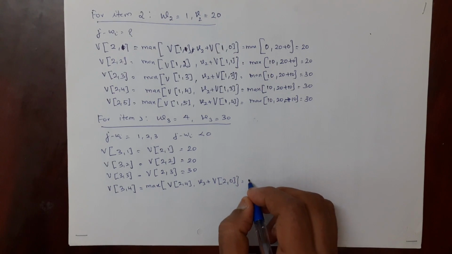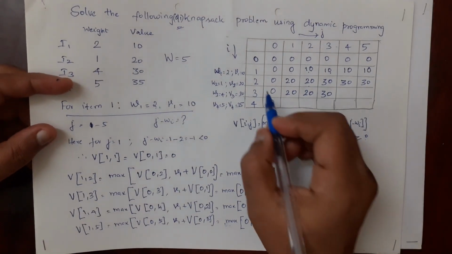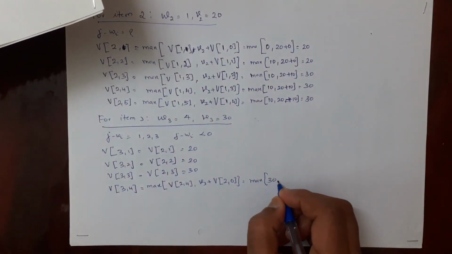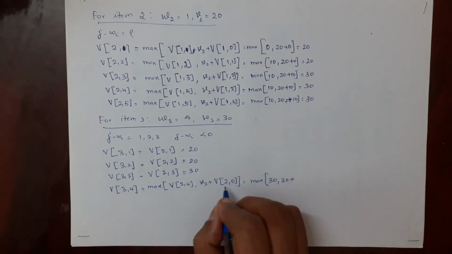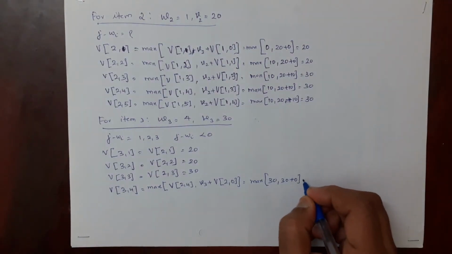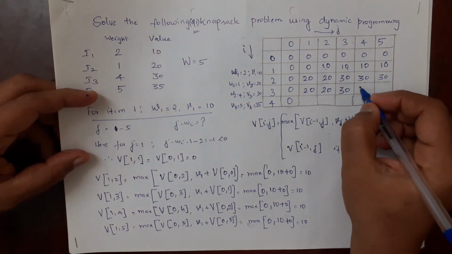That is the maximum of v of 2 comma 4, which is 30, or the value of this item 30 plus v of 2 comma 0, which is 0. So 30 comma 30, which one is maximum? 30 is the maximum, so we put 30 here also.